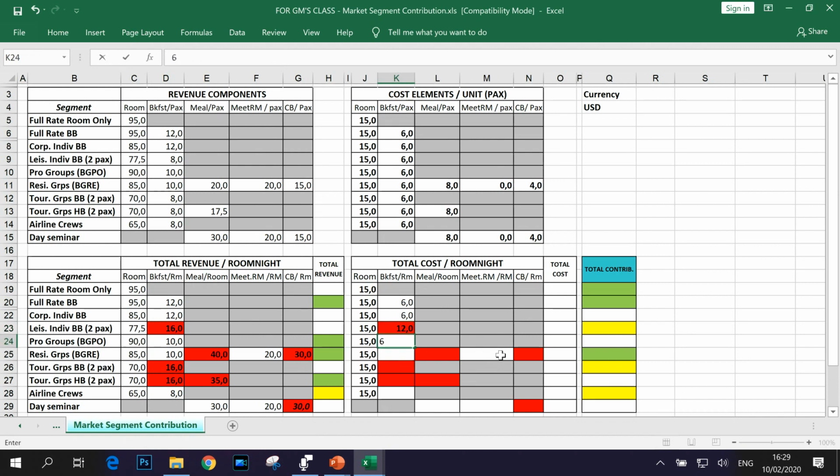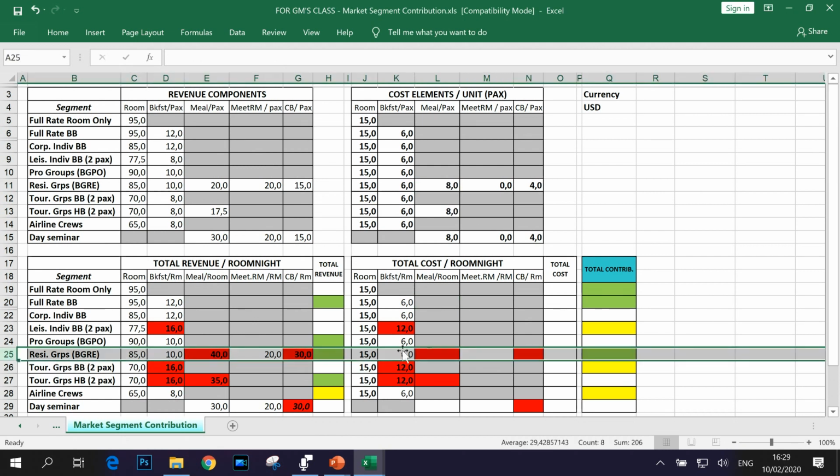Professional group, residential group, all 6. Tour group, bed and breakfast and tour group half board are all double occupancy, so breakfast cost should be 12 and 12. Airline 6.